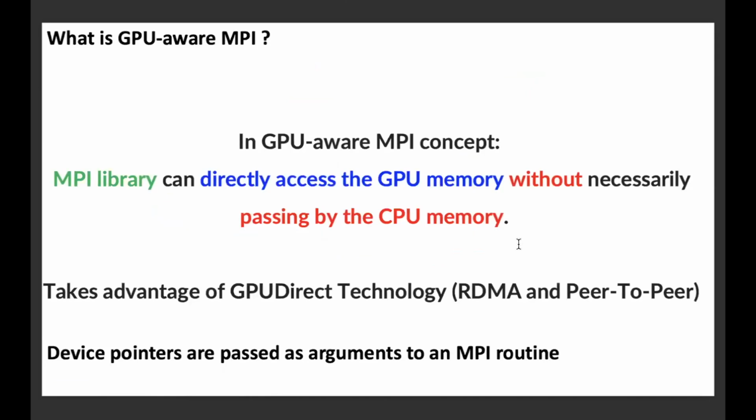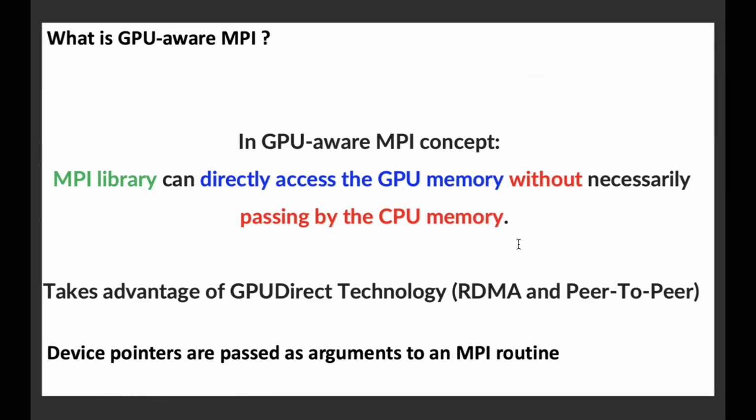So what is GPU-aware MPI? Basically, this is a concept in which the MPI library can directly interact with the GPU memory without the need of passing through the CPU memory. The way it does that is very simple: the device pointer that points to the GPU memory can be passed as an argument to an MPI function.